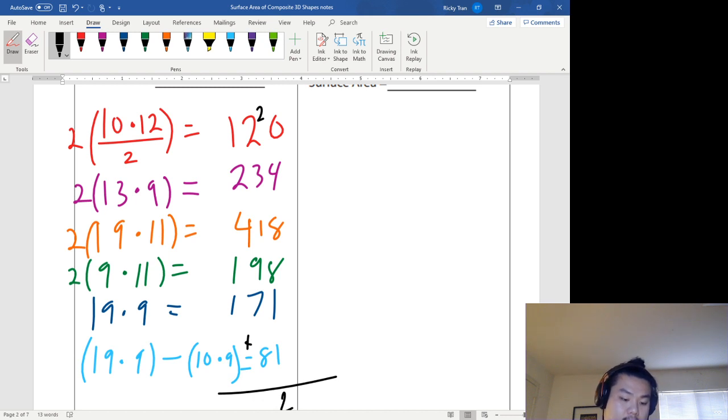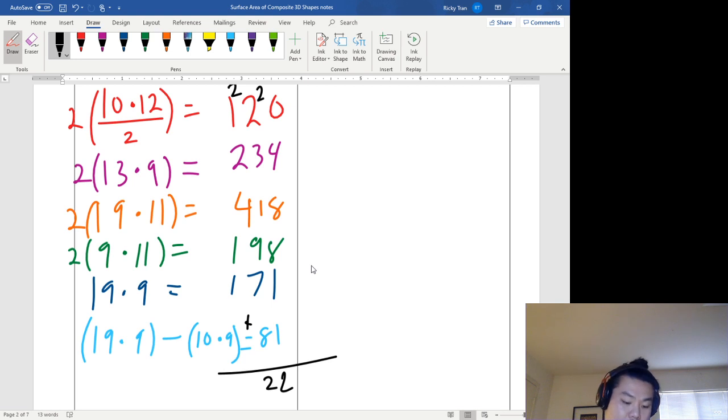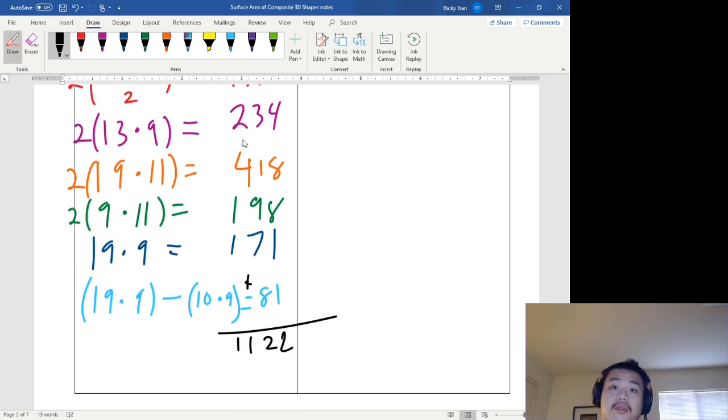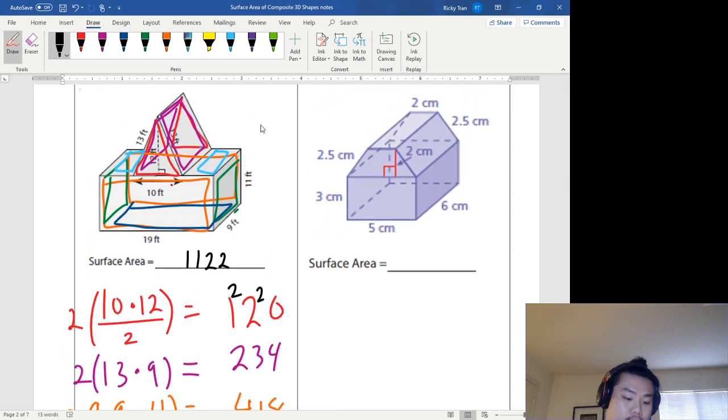That's 17 plus 15, which is 32. And then we have 1, 2, 3, 4, 5, 6, 7 plus 4, which is 11. So your answer is going to be 1122. 22 feet squared.